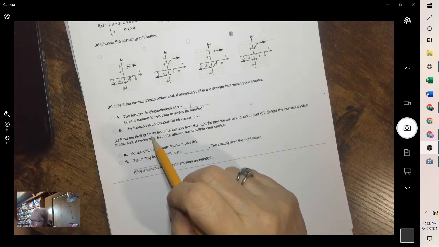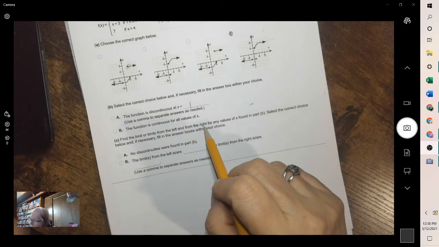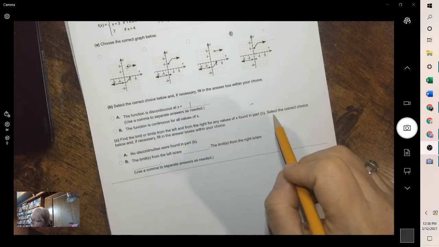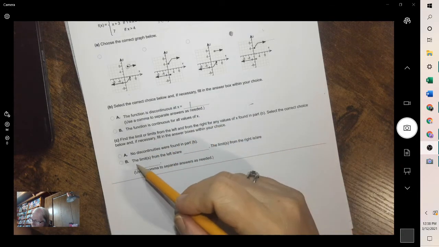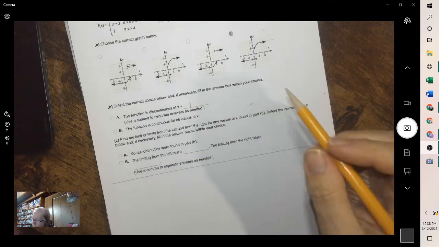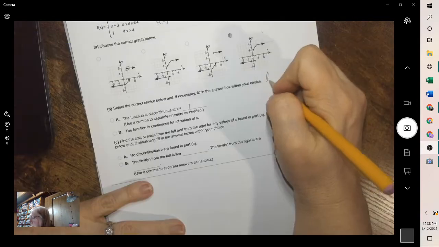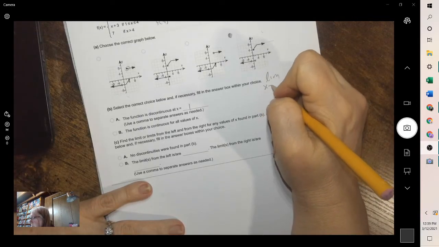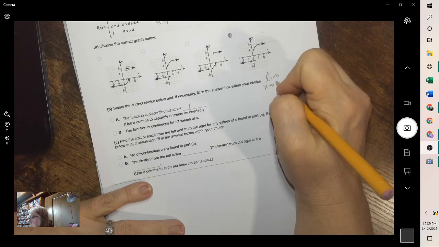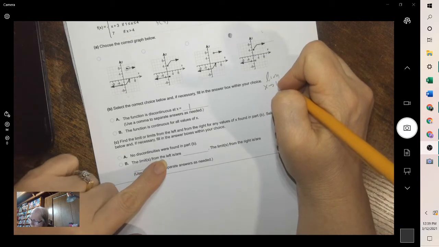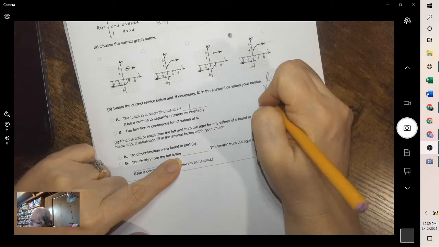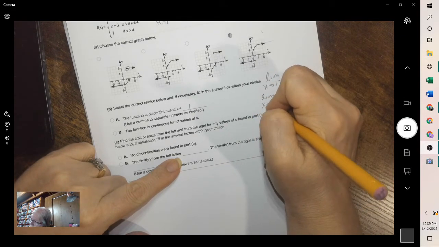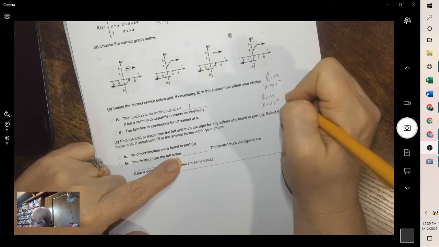Find the limit or limits. Okay. We said it was discontinuous at 1, so we look at the limit from the left and from the right.